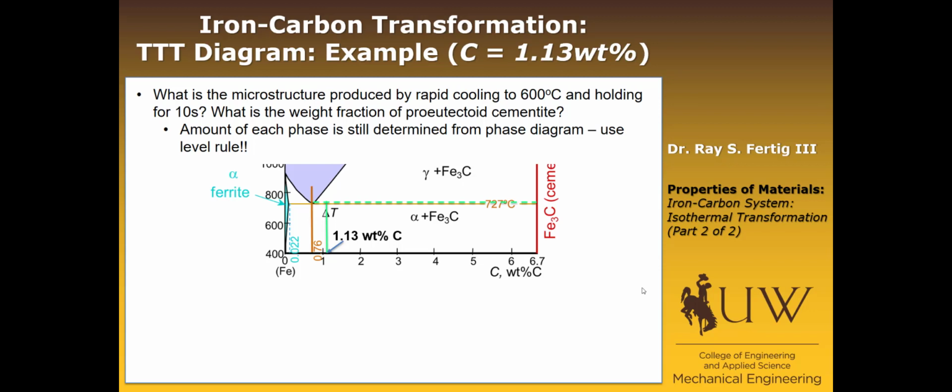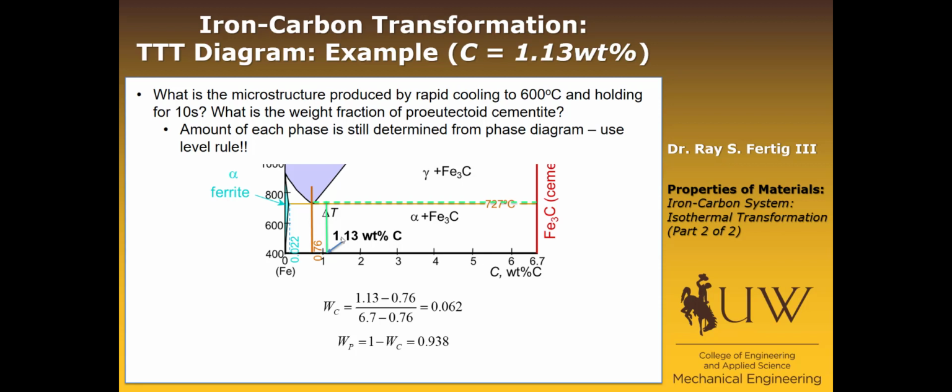Right before that eutectoid temperature, we compute the weight fraction of the pro-eutectoid cementite with the lever rule: 1.13 minus 0.76, divided by 6.7 minus 0.76. We find there's about 6.2% pro-eutectoid cementite in the microstructure, which means the remaining austenite is converted to pearlite, so we would have a weight fraction of pearlite of 0.938.